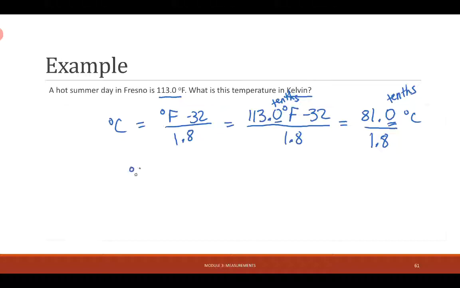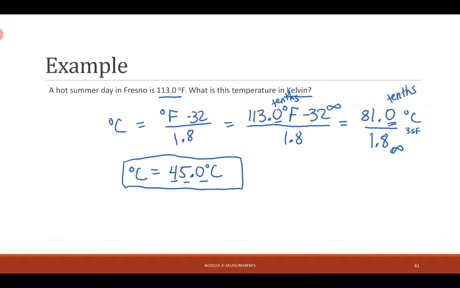And so now my degrees Celsius is equal to 45.0 degrees Celsius, because now I switch to my multiplication and division rule. This 1.8 has infinite sig figs, just like this had infinite decimal places. And so now I have 1, 2, 3 sig figs in the numerator. 3 sig figs is less than infinity, so that's 45.0. So a hot summer day in Fresno is 45.0 degrees Celsius.